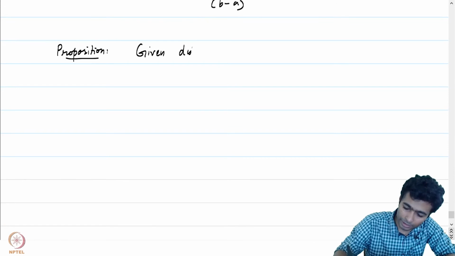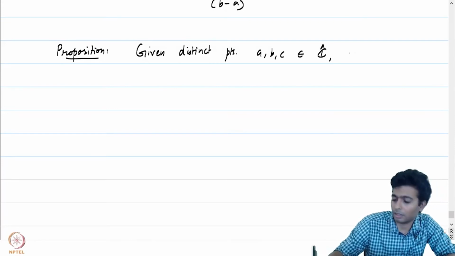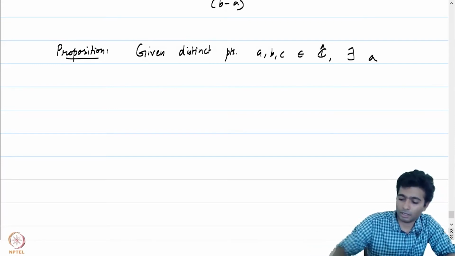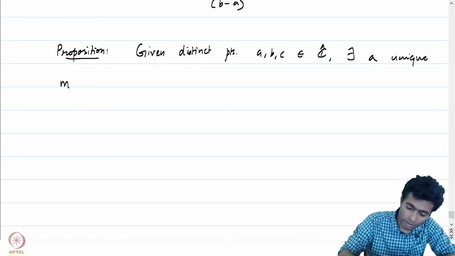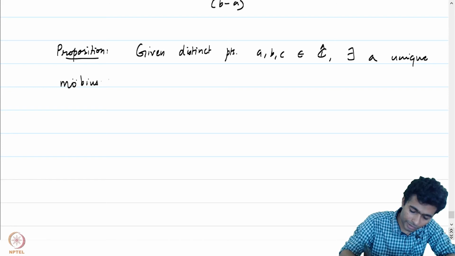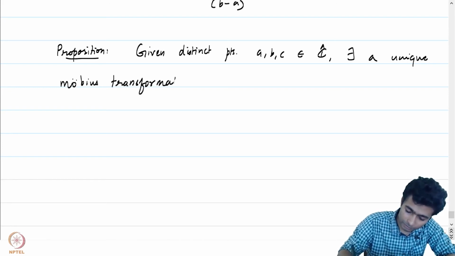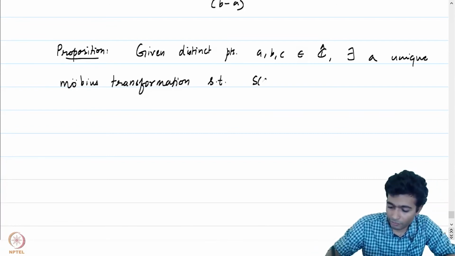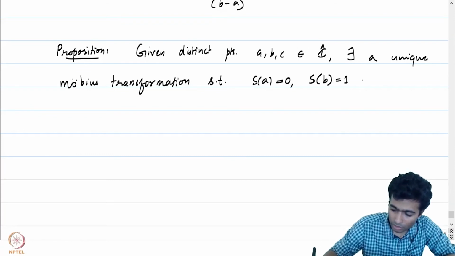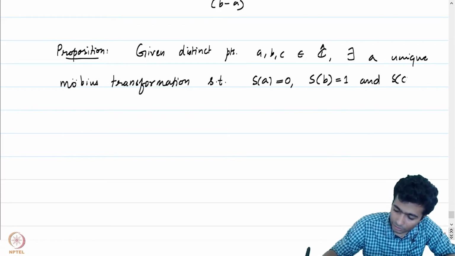Given distinct points A, B, C in C hat, there is a unique Mobius transformation S such that S of A is equal to 0, S of B is equal to 1 and S of C is equal to infinity.